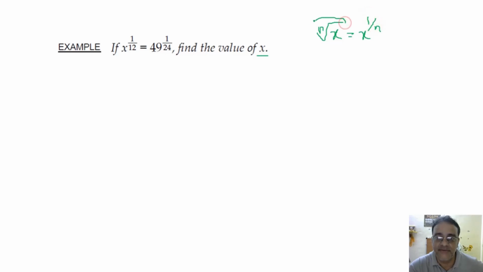ठीक है, इस फॉर्म वाले क्वेश्चंस एग्जाम में नहीं आएंगे. क्लियर है?